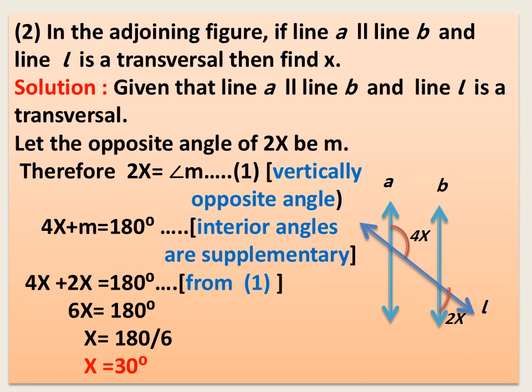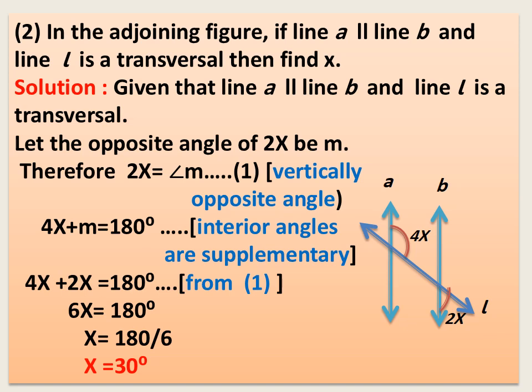Second sub-question. In the adjoining figure, if line A is parallel to line B and line L is a transversal, then find x. Solution. Students, in this figure, as given, line A is parallel to line B and line L is a transversal.